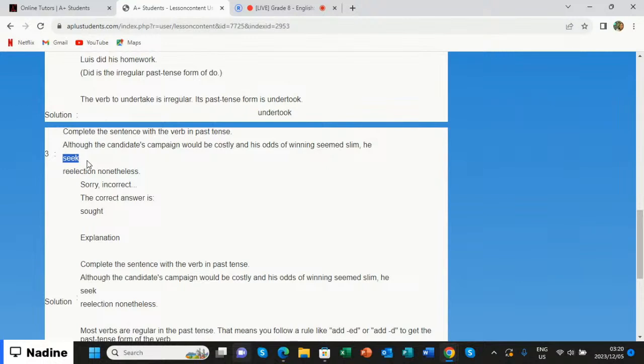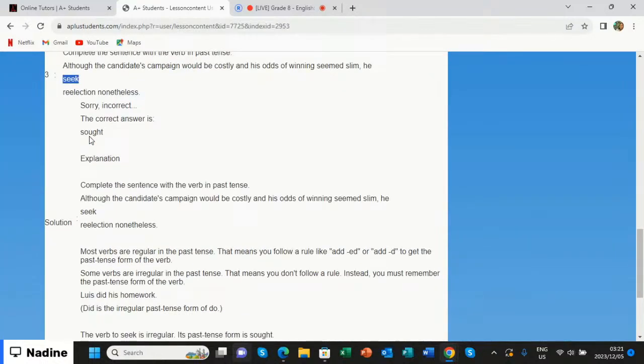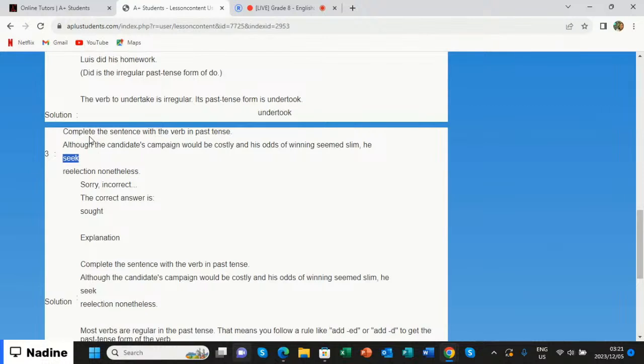So we need to find the past tense of that word, seek. If we complete the sentence with the past tense form, we can say sought. So seek is in the present tense, sought is in the past tense.